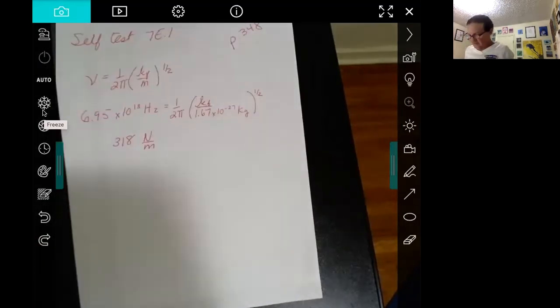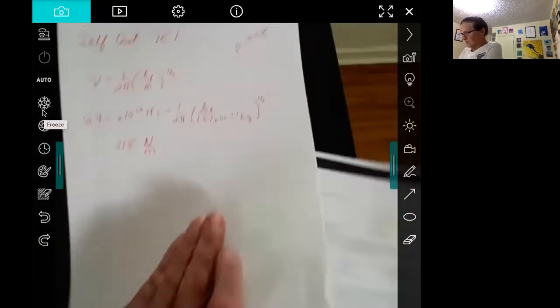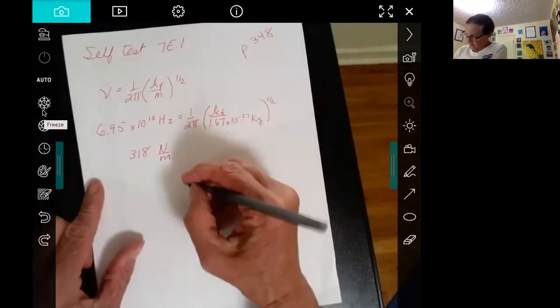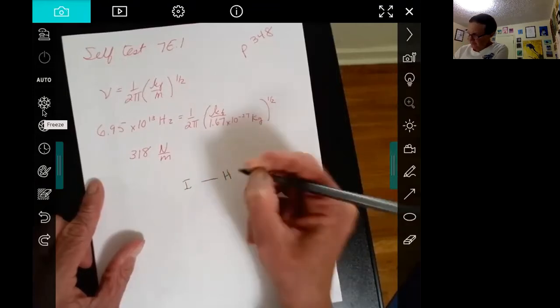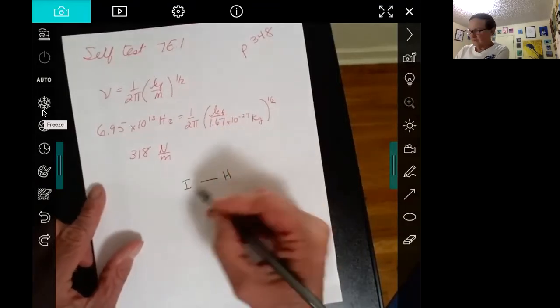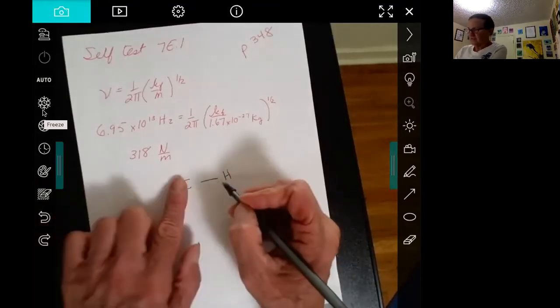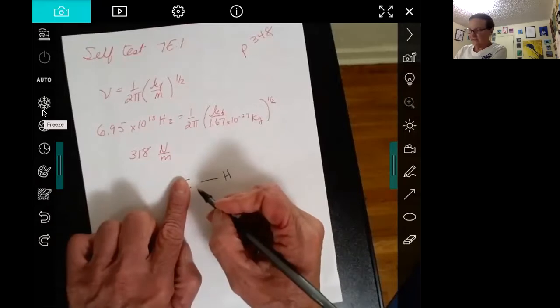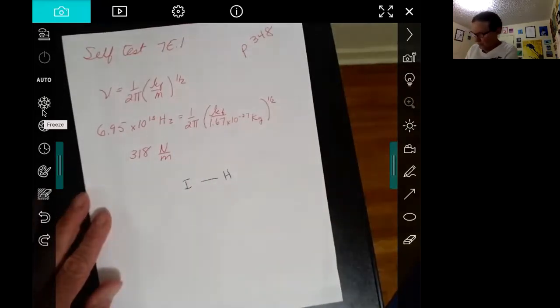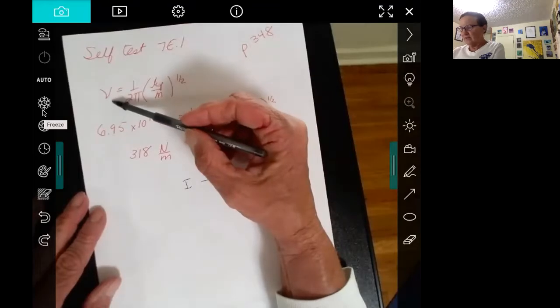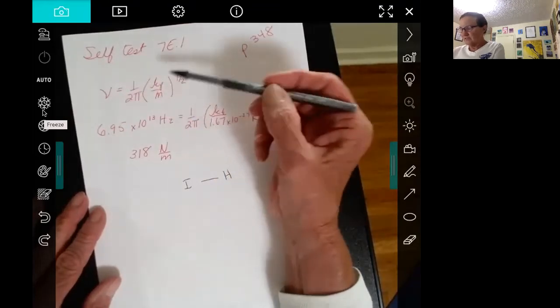So we're essentially assuming that, which is pretty common, that if you have iodine and hydrogen, that the iodine is so heavy that the hydrogen is essentially just vibrating against the iodine as if it was a brick wall. It's stationary. So when we use this equation, we have the frequency, we want the force constant.